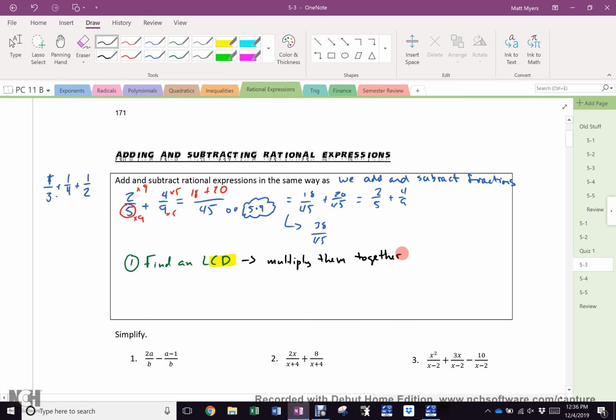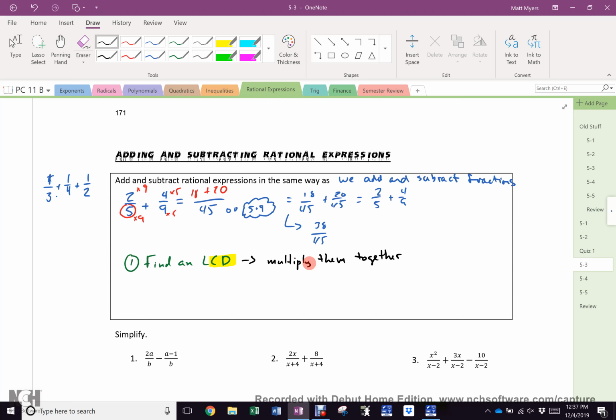Now, stop for a moment. I said multiply them together. Did I say expand them? No. Because when we expand, when we have to simplify, what do we have to do? Factor.